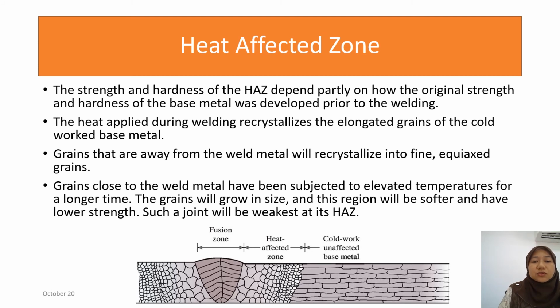As compared to those near to the weld metal, due to the high heat from the fusion zone, this region will solidify slower. So it has sufficient time to grow into a bigger structure.